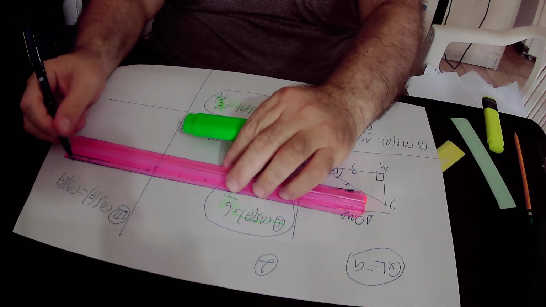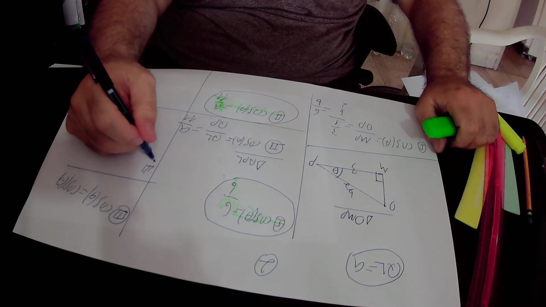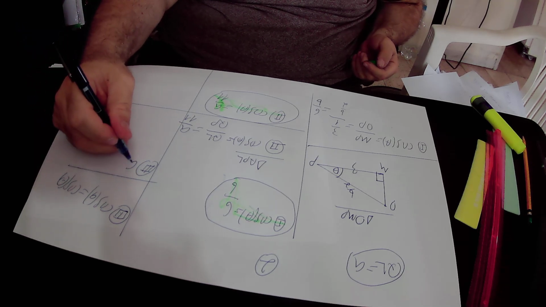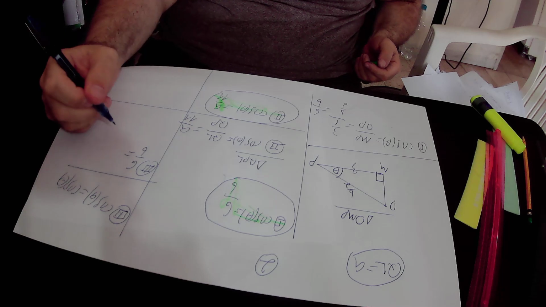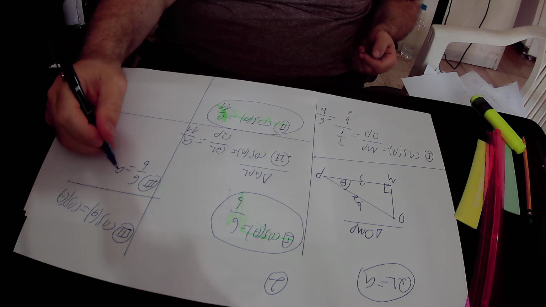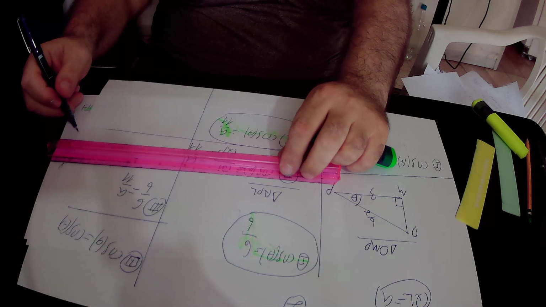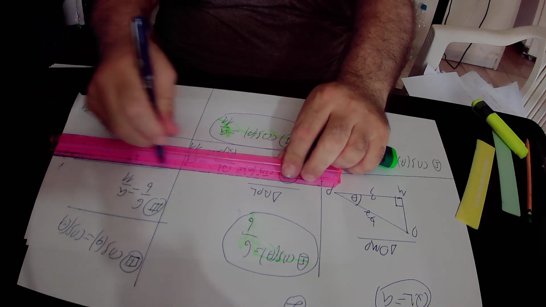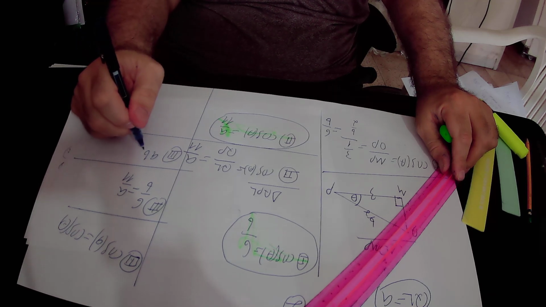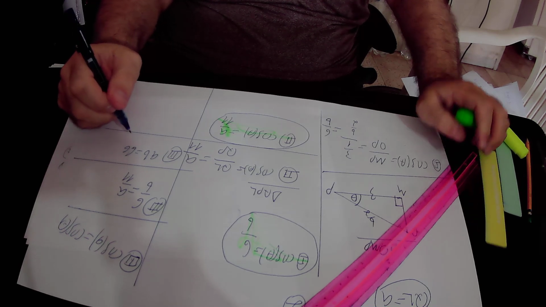So here, 6 over B must be equal to A over 11. So here we will cross multiply equation number 3, and we get A times B equals 6 times 11, which is 66. So we found out that A times B equals 66.